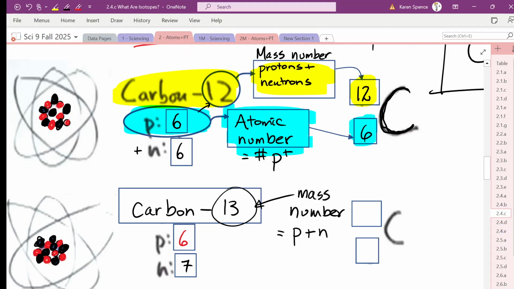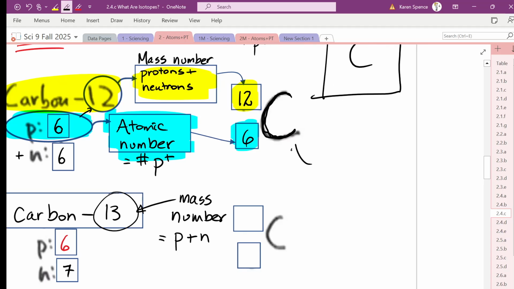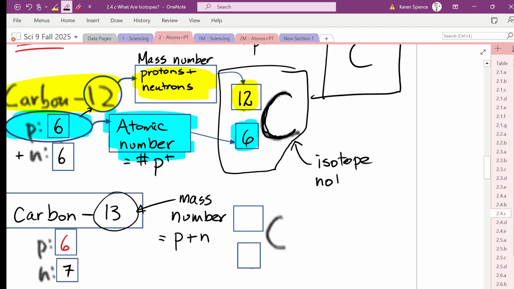So this notation here, this one right here, is called isotope notation. It is also known as nuclear notation.